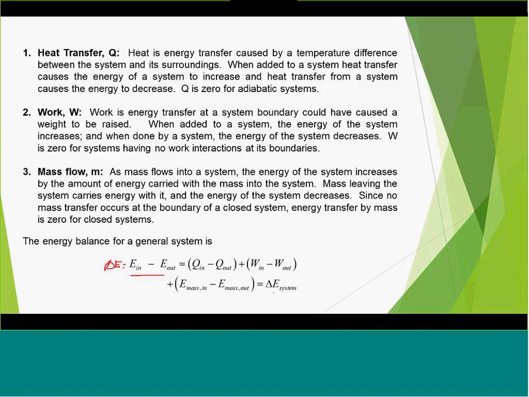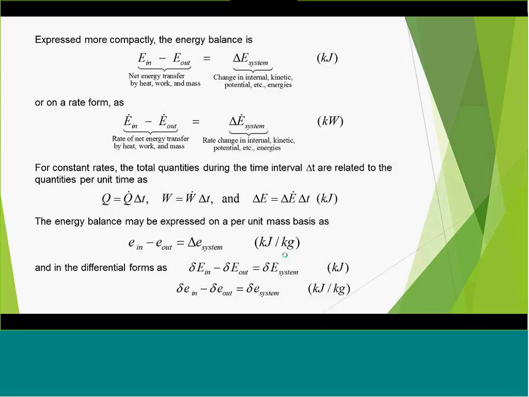So it is actually the changes of the total energy in the system. To express more on the system, you're going to have internal, kinetic, potential, etc. in that particular system, and the system also has changes of heat, work, and mass. So that is what it's all about.